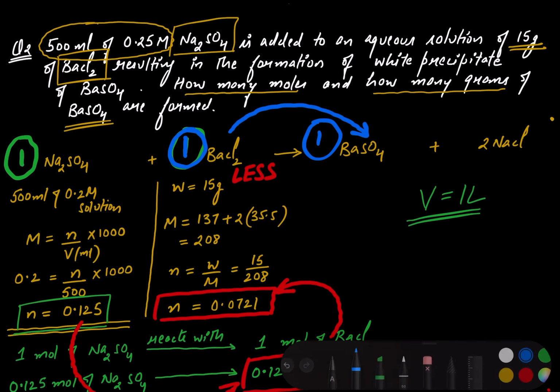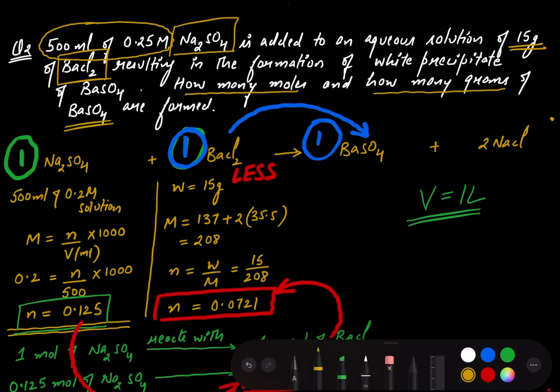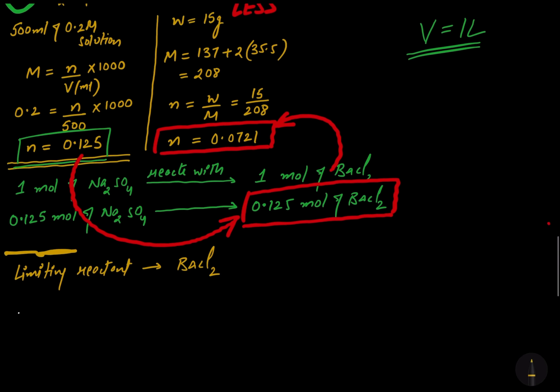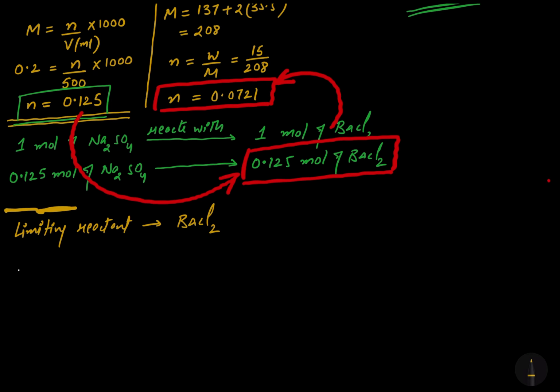That's my chemical reaction. I'm coming back to my data now. I'm writing 1 mole of barium chloride produces 1 mole of barium sulfate. Now, how much quantity of barium chloride is given?